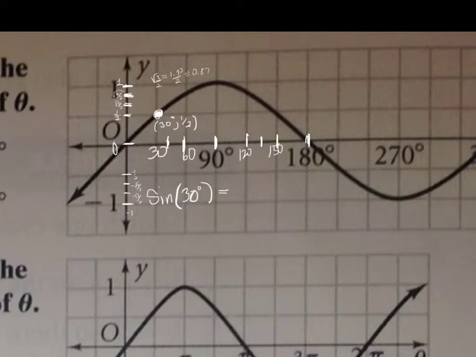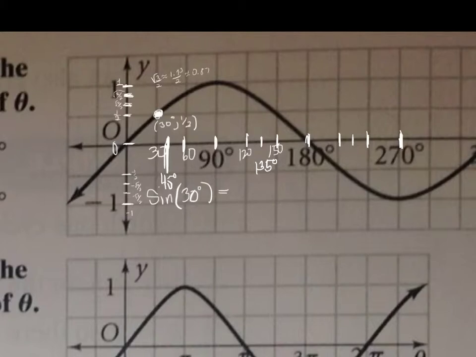And notice the x-coordinates kind of bunch up, right? Because first I go 30 degrees, and then this middle one right here is 45 degrees. So what I'm doing is jumping by 30, then by 15, by 15, then by 30, then by 30, then by 15, by 15, and so on.